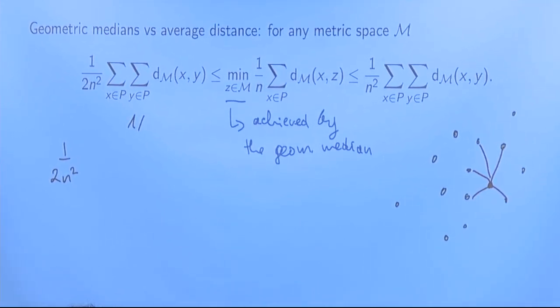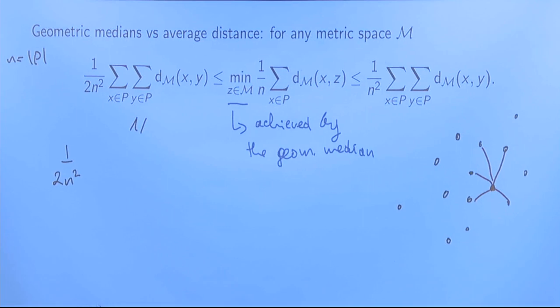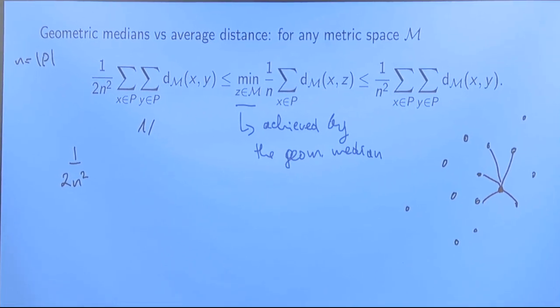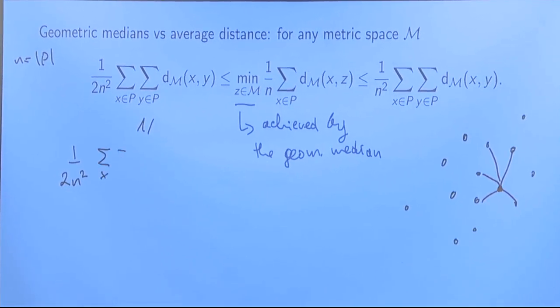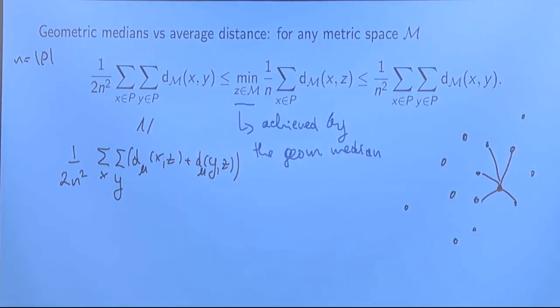I should have said that somewhere. So from triangle inequality, I know that this is at most this. Okay, and now if I just open the parentheses and do the calculation, I get the bound. Okay. Good. All right.